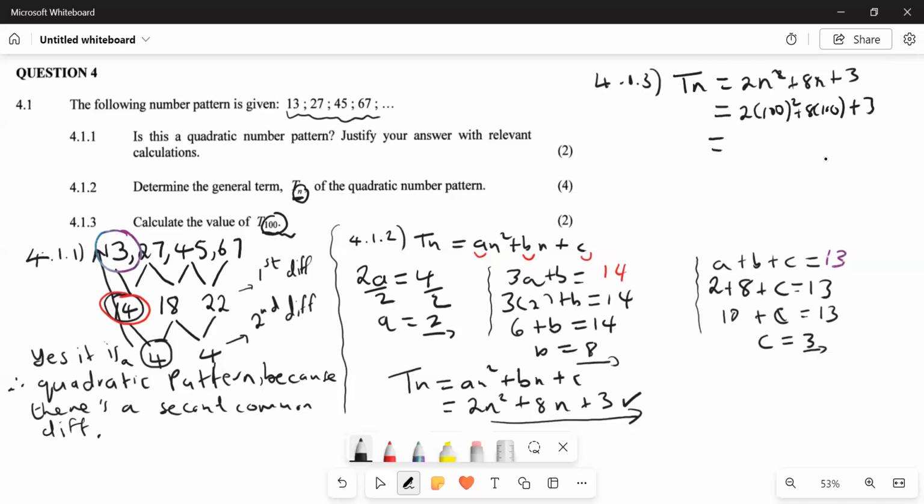Now let's find our final answer there. And we get 20803. That's T100.